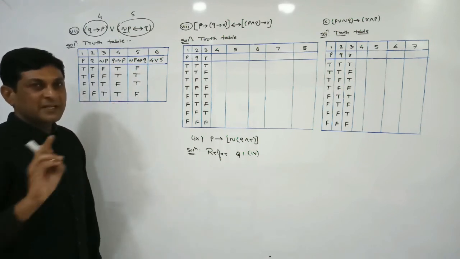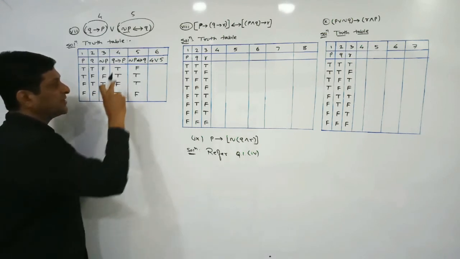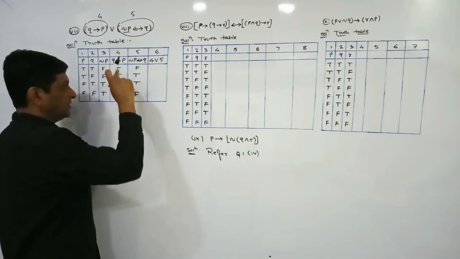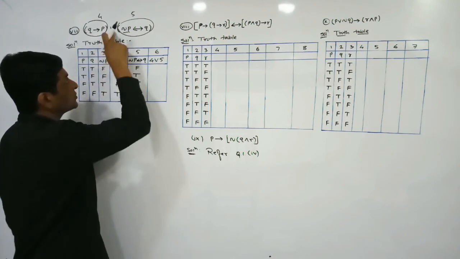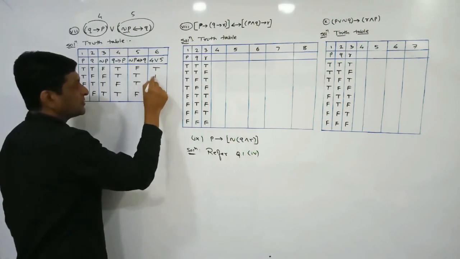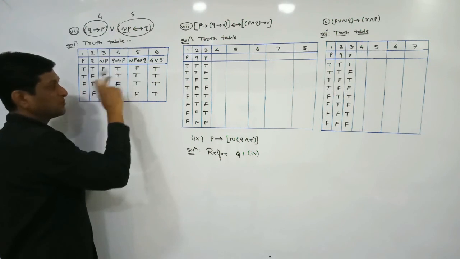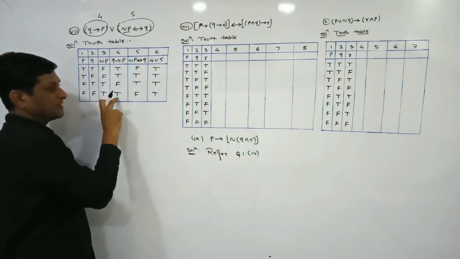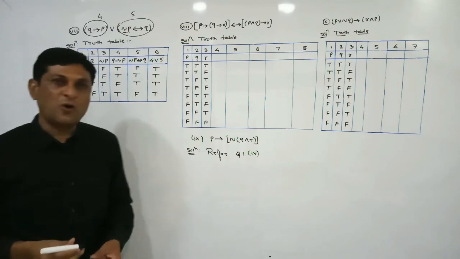And remember that in case of 'or', if at least one statement is true, the truth value of 'or' will be true. So true, true, true, and here also true. So here true appears, here true appears, here true appears, and here also true appears. Means if at least one statement is true, the truth value of 'or' will be true.